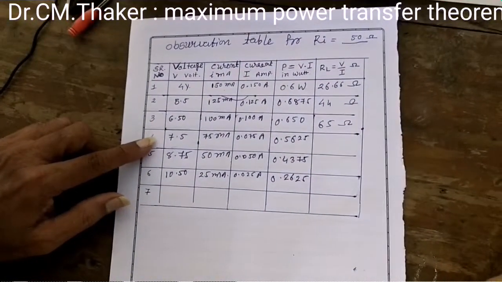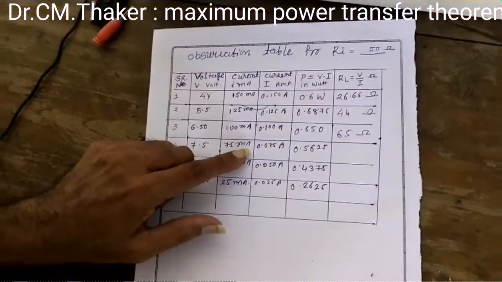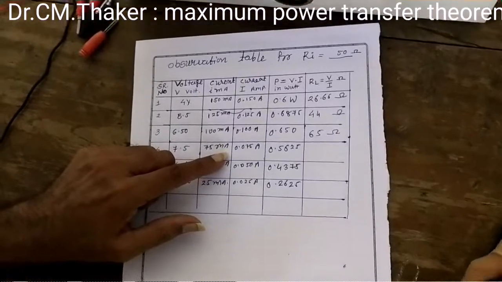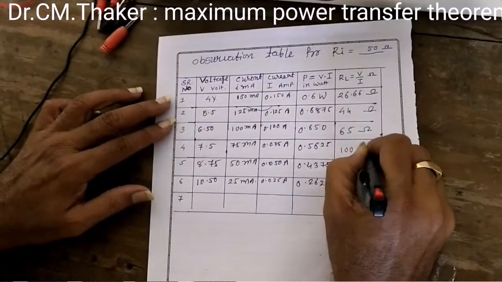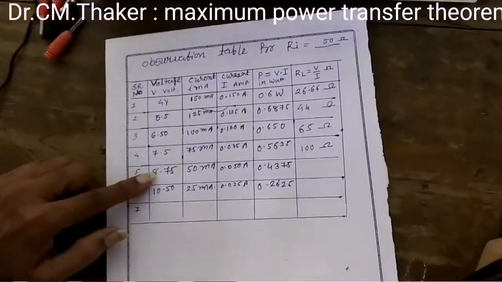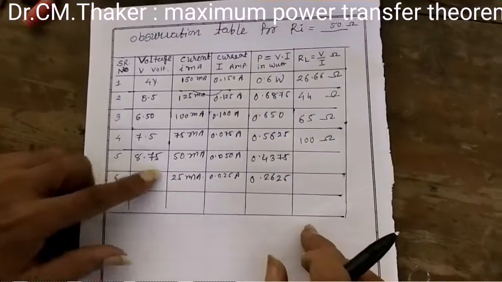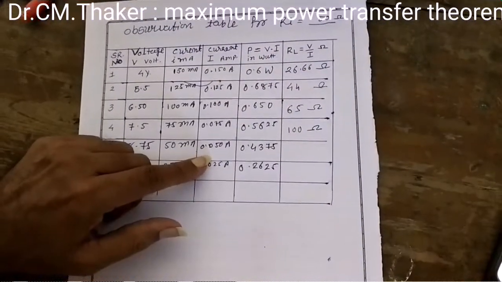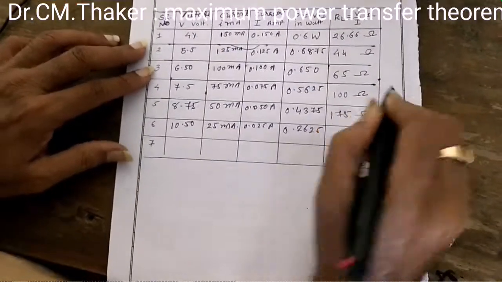7.5 divided by 0.075. This will be 100. 8.75 divided by 0.05. This will be 175 ohms.